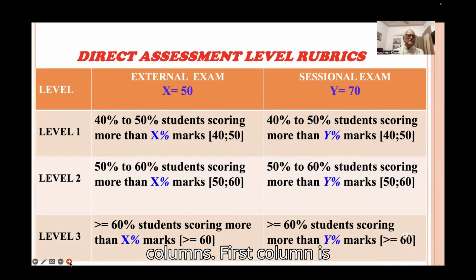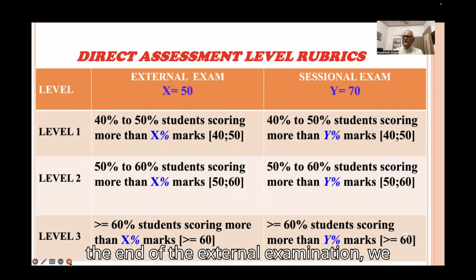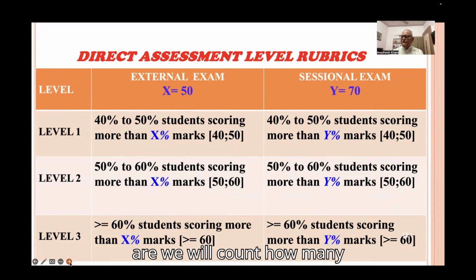Now I'll talk about direct assessment level rubrics. It has three columns. The first column is level, second column is external examination, third column is sessional examination. We have three levels, level 1, level 2, and level 3. For the external examination, the threshold value is 50 marks out of 100. So at the end of the external examination, we will count what percentage of students have scored more than 50% marks.